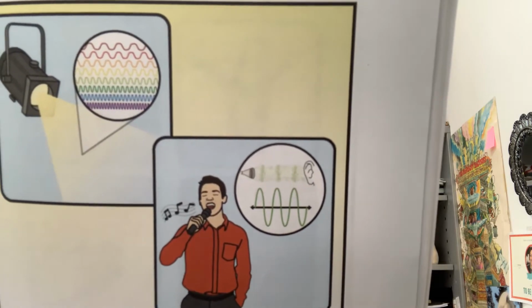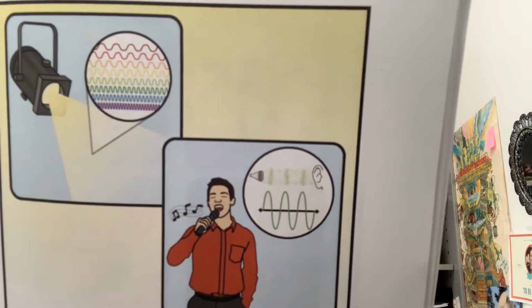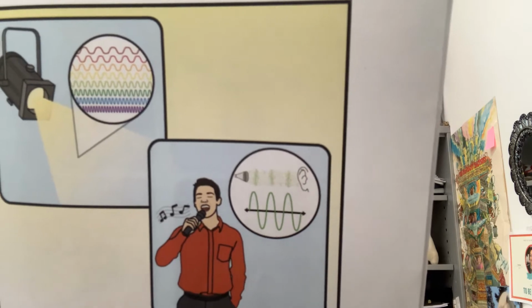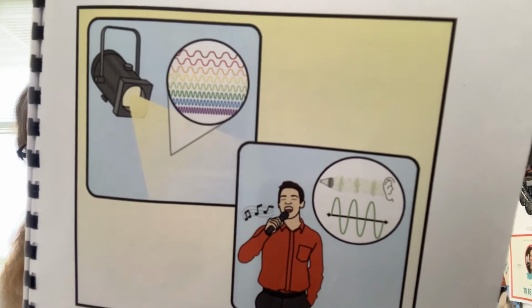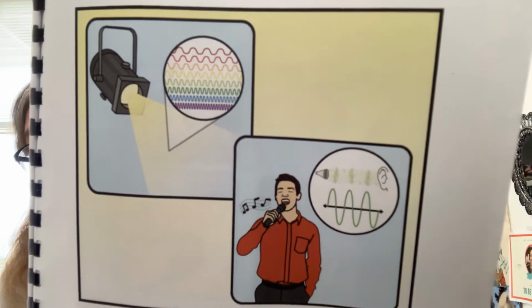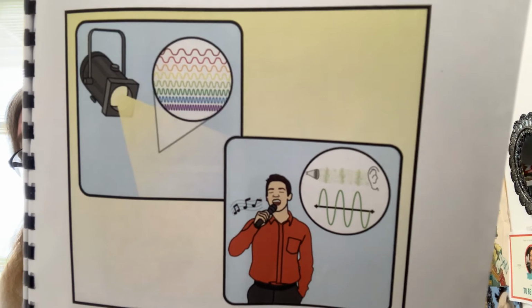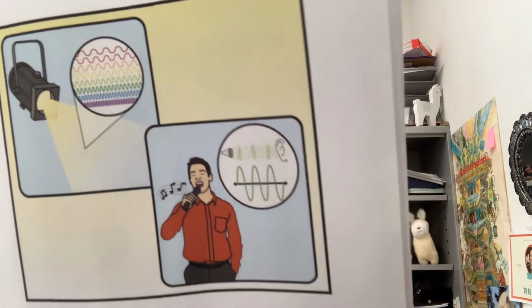Light and sound both move in waves. Light waves and sound waves move energy. Wow. Do you see that light up there and all those waves? And that boy singing and all of those waves? Yes. Let's turn the page.